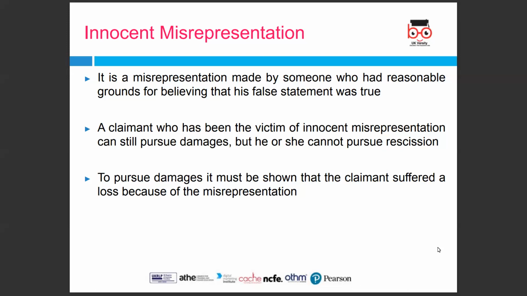A claimant who has been the victim of innocent misrepresentation can still pursue damages, but he or she cannot pursue rescission. To pursue damages, it must be shown that the claimant suffered a loss because of the misrepresentation.